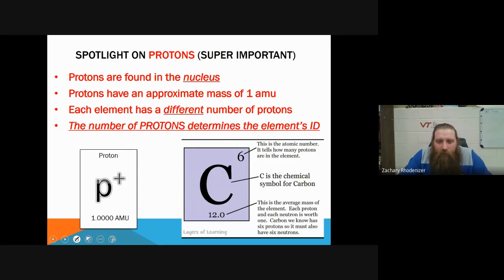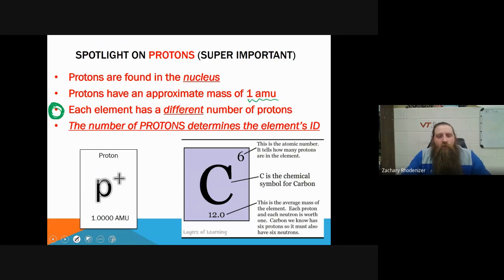They have an approximate mass of 1 AMU, right? An AMU is defined as 1/12 of a carbon-12 atom. It is an older unit that was defined in the 60s, but it is useful for comparing the atomic mass of different elements, okay? This is the big one, right here. Each element has a different number of protons.